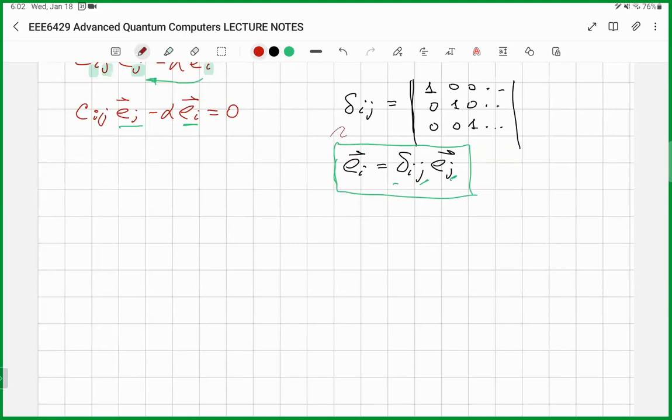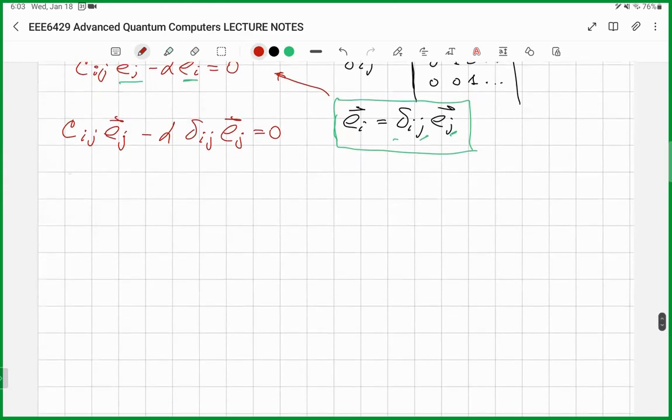So let's use this here and rewrite this: Cij times ej minus alpha delta ij ej vector equals 0. So I can rewrite this by taking the ej out of the parentheses. So I get Cij minus alpha delta ij in parentheses times ej equals 0.